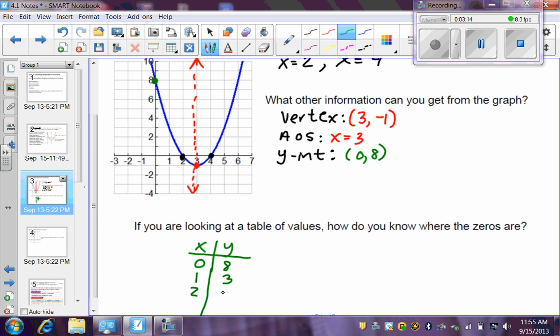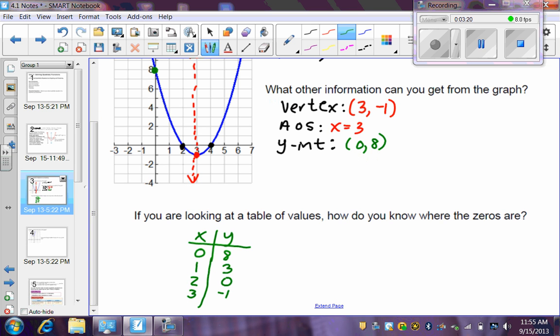At 2, 0. At 3, -1, and at 4, 0. So by looking at your table of values, you could tell where your zeros are because they are the values at which the y value is 0.